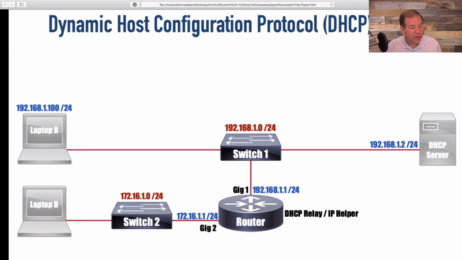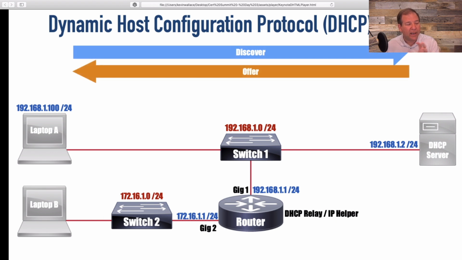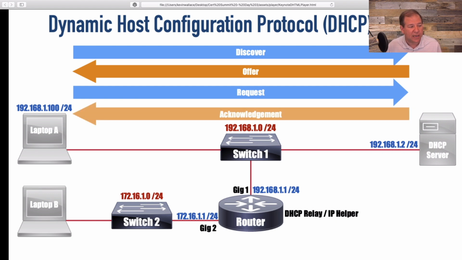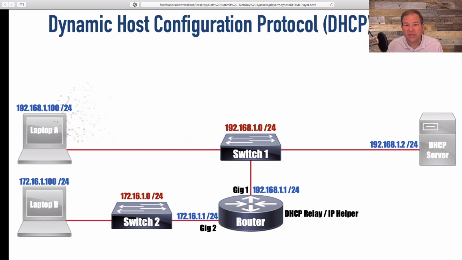Once we've got that configured, then the packet makes it through, the offer comes back, and the whole DORA process continues on once we have each other's IP address. But the way we got that initial Discover broadcast through that pesky router is that we configured it as a DHCP relay agent, and now at long last, laptop B has its IP address. That's the way it works.